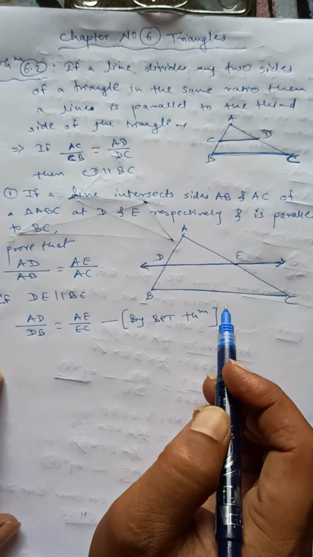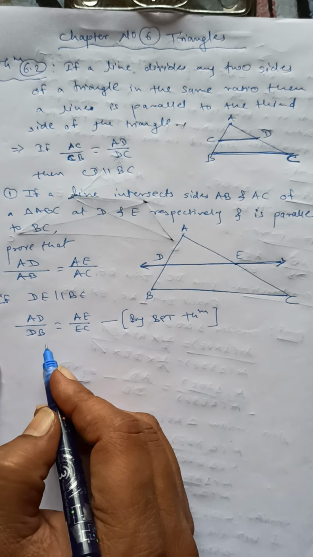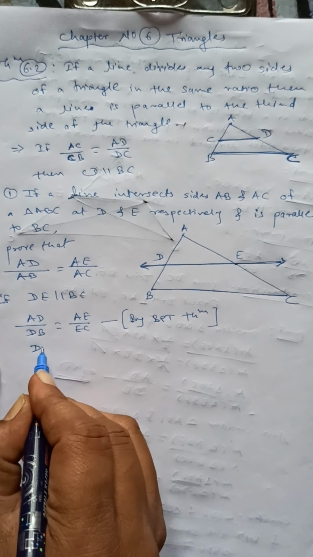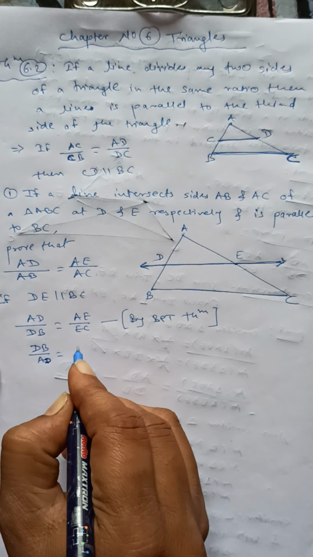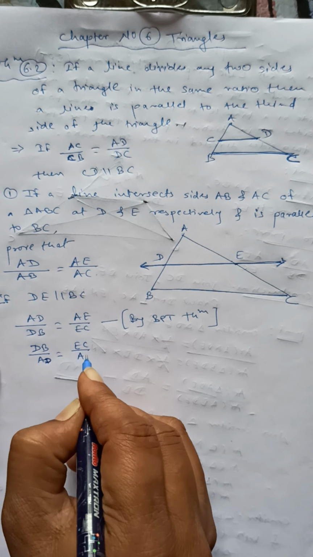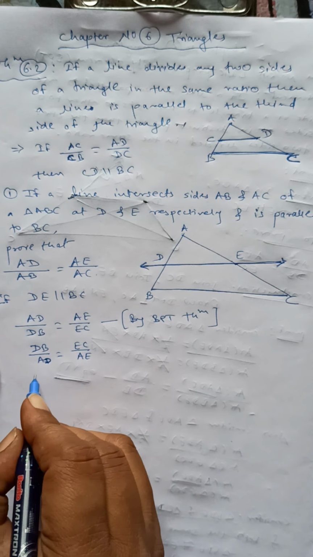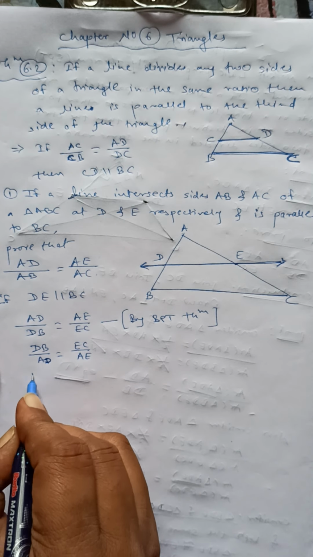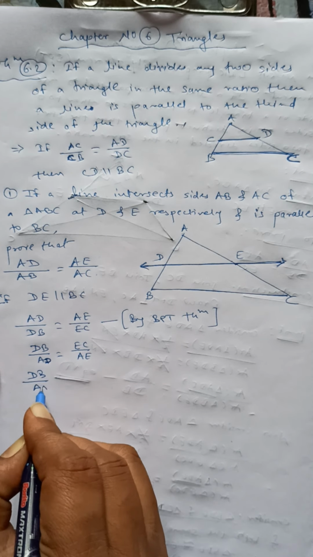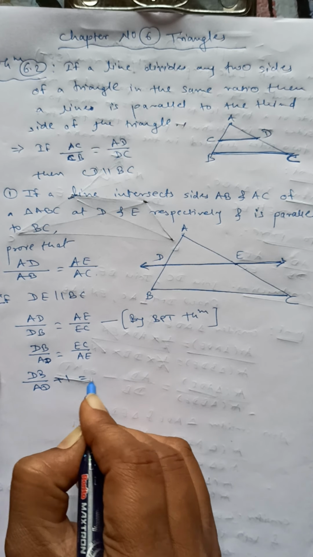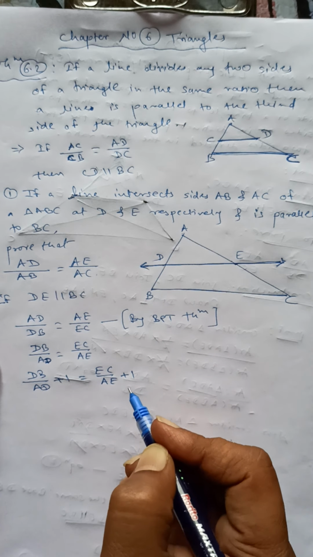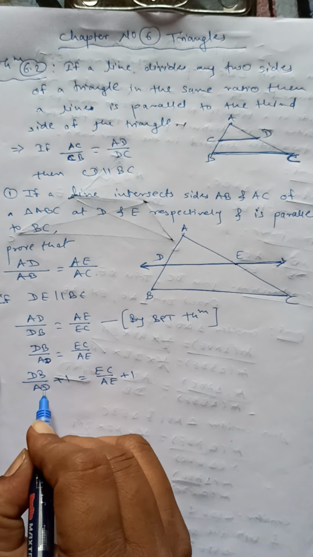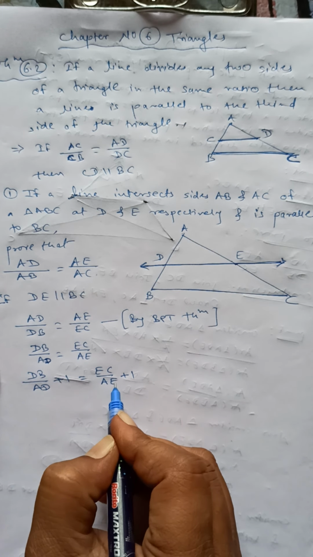How can we prove it? I'll take the reverse ratio here. DB upon AD is equal to EC upon AE. I'll add 1 to both sides. So DB upon AD plus 1 is equal to EC upon AE plus 1. If I am adding 1 on the left side, I should add 1 on the right side also.